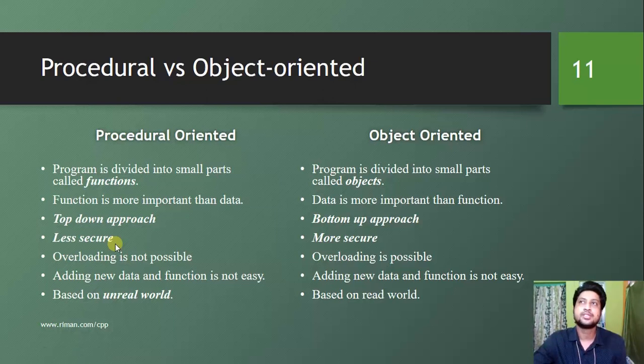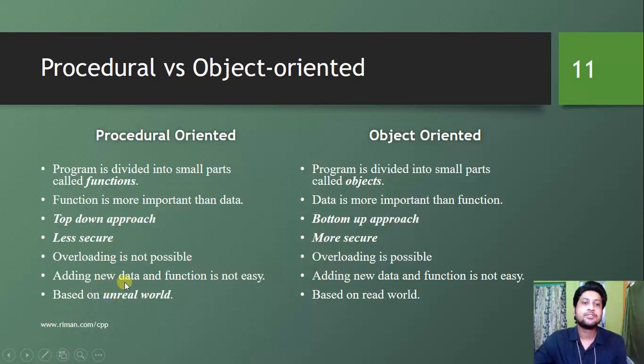Procedural-oriented programming languages are less secure, whereas object-oriented programming languages are much more secure, because the main concern in object-oriented programming is data. Overloading is not possible in procedural-oriented languages like C, whereas function overloading is available in object-oriented languages like C++ and Java.